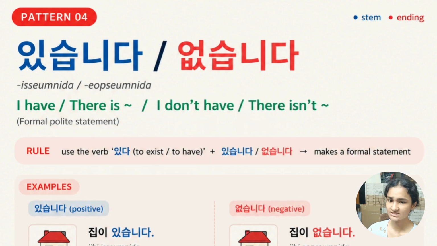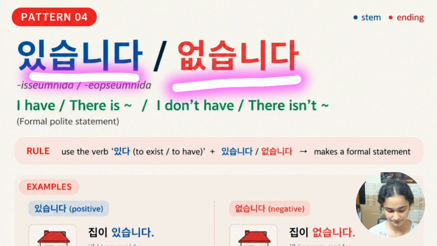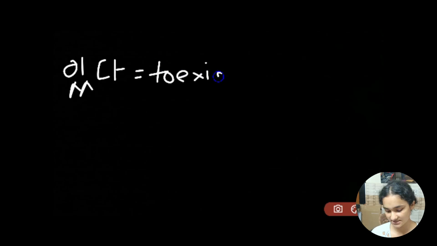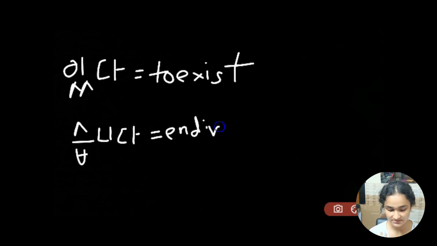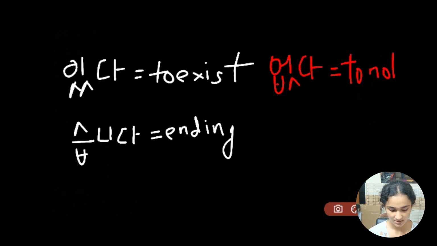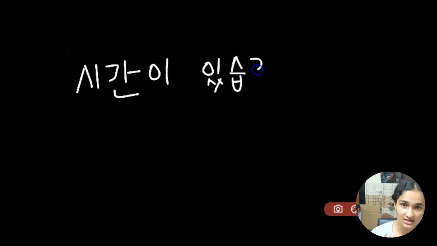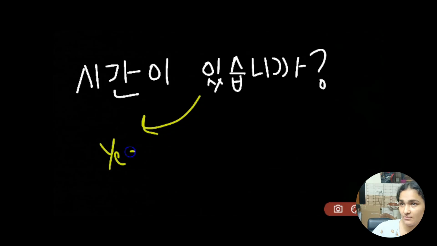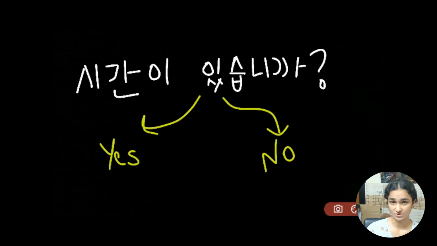Let's understand this pattern. 있습니다 is made with the verb 있다, to exist, and 없습니다 is made from the verb 없다, which means to not exist. If someone asks you, do you have time? 시간이 있습니까? There will be 2 answers. Yes, I have time, or no, I don't have time. I'm busy.